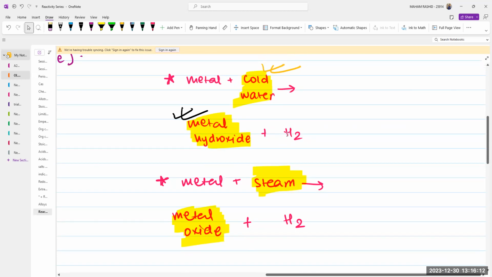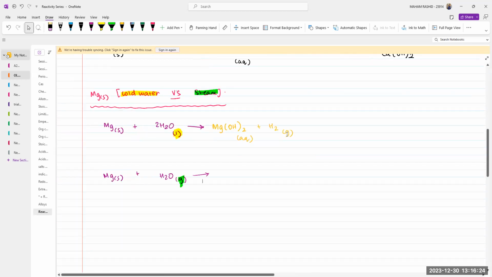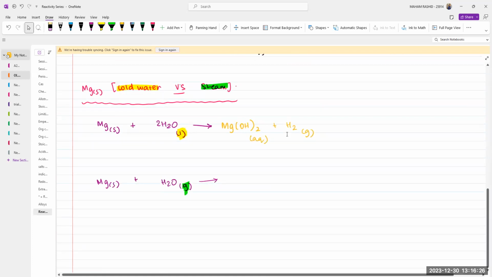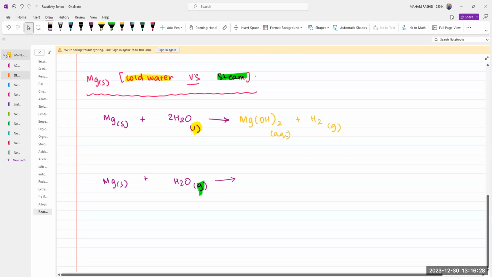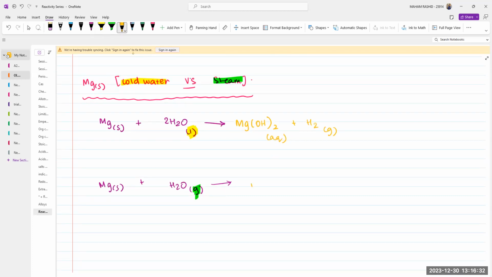Metal and steam gives metal oxide and hydrogen. Right. So what will I get in the case of magnesium? Magnesium oxide and hydrogen. This will be MgO plus hydrogen gas.